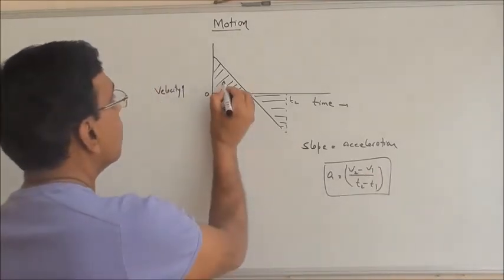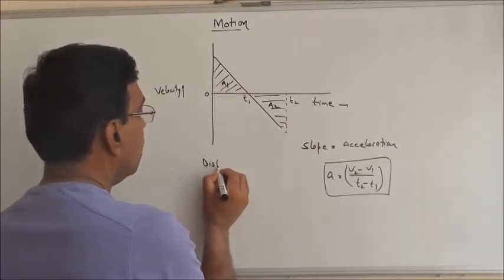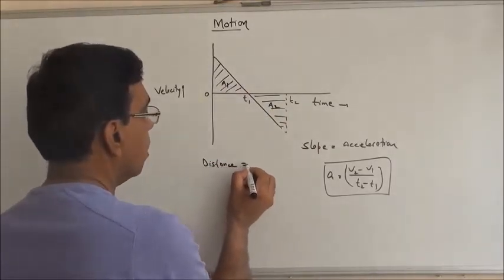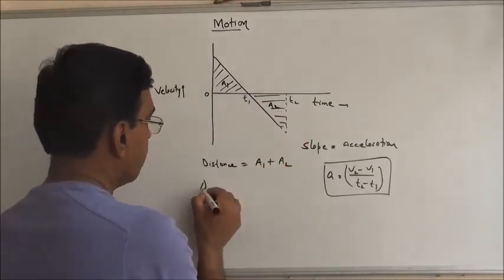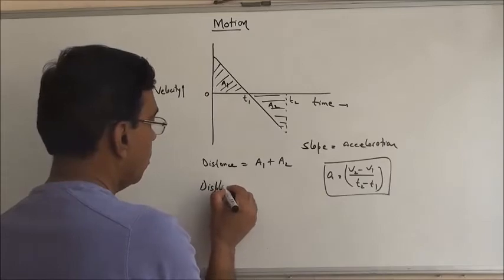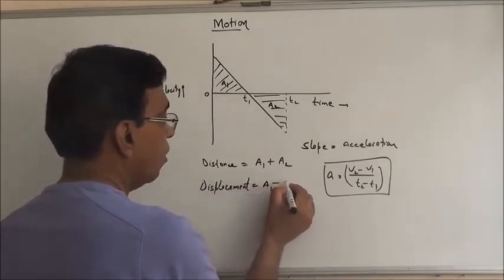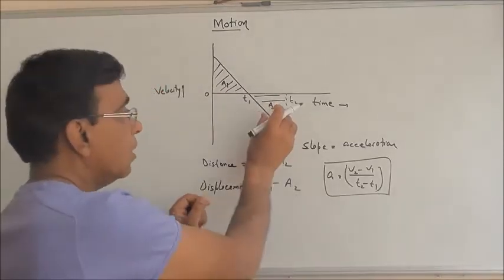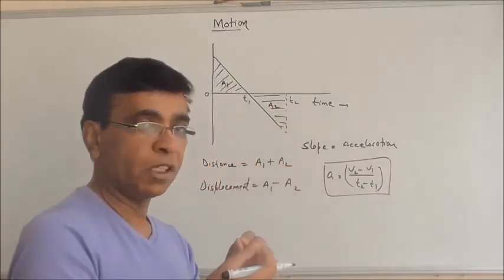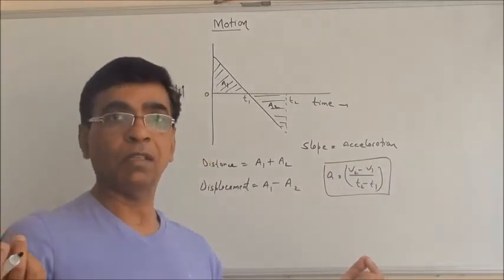So let me call these areas A1 and A2. Total distance covered by the body is A1 plus A2, and displacement is A1 minus A2, because this represents that the body is moving in the opposite direction, so this distance is to be subtracted to calculate the displacement. Right?